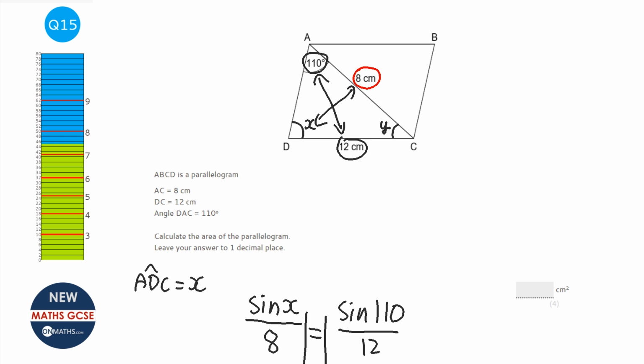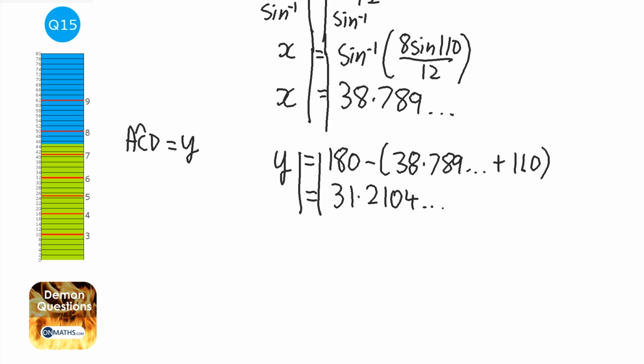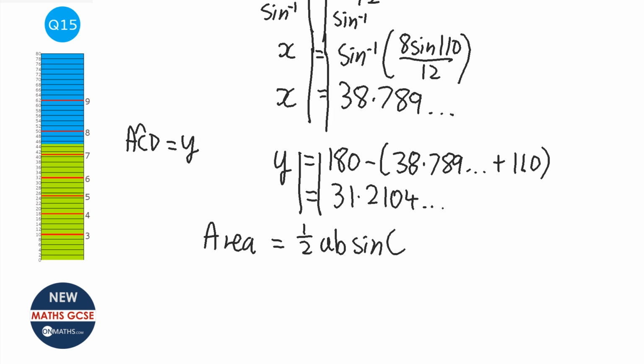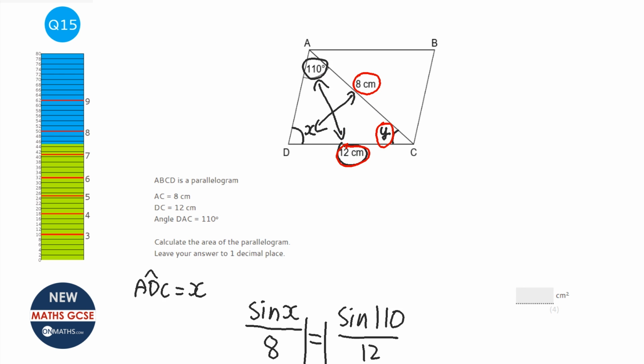Okay, so I've worked out what Y is, which is good, because when you have a length, then an angle, then a length all together, then you can use the trigonometric area formula. And the formula is dead easy. It just says that area equals half AB sine big C. So we know the problem is actually we've got two triangles.